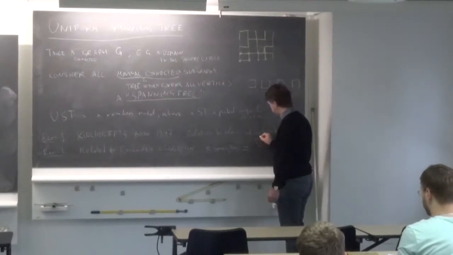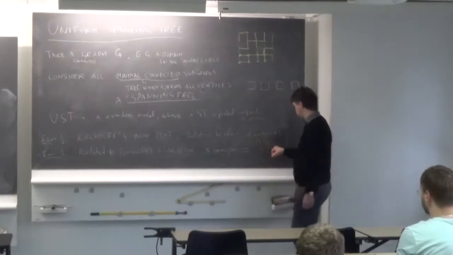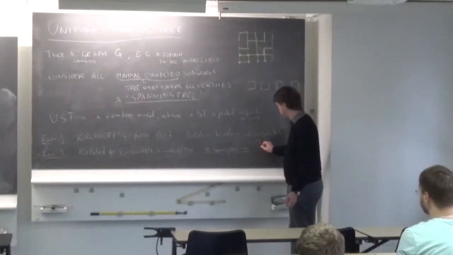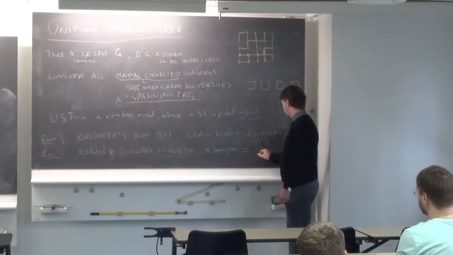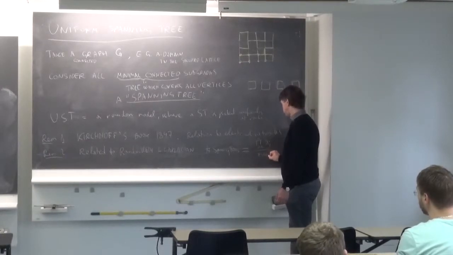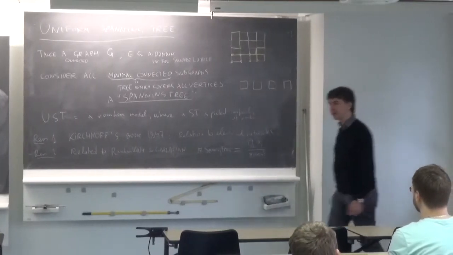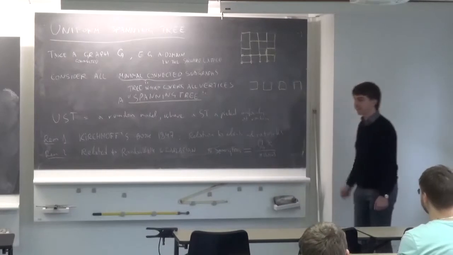Now, you cannot take the product of all the eigenvalues because the first eigenvalue will be 0, because there is a harmonic function which is constant. So you start from the second one, and then you divide by the number of vertices. It's either this or the other way around. Yeah, it is this, I think.